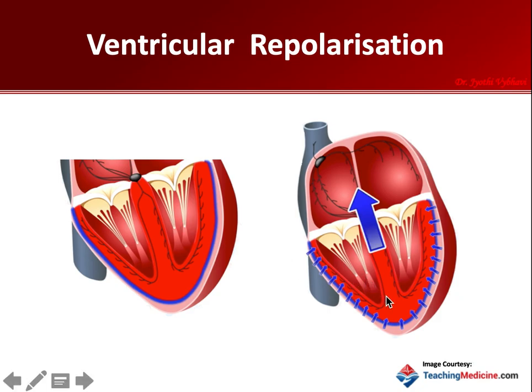If I represent it with a vector, it is a repolarizing wave. So the inside of the cells is becoming negative. It is a negative wave traveling towards the negative electrode, because it is going upward and rightward.